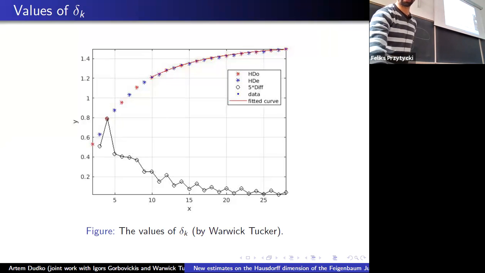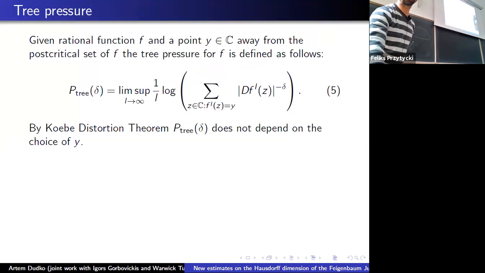Just an observation. In the limit, I think Warwick mentioned that the sequence approaches a value like 1.53 or something like that.